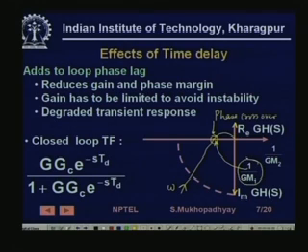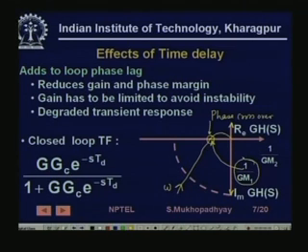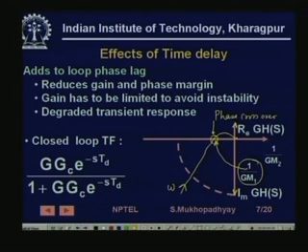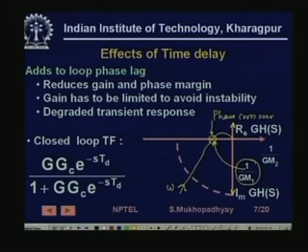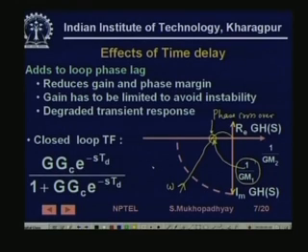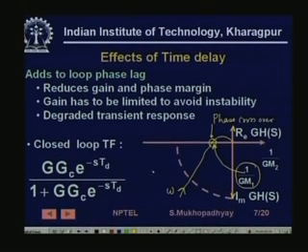So this is that of the loop without delay. Now if you have a loop with delay, then what happens? What happens is that at every frequency the magnitude will remain the same, and a phase lag will be added.